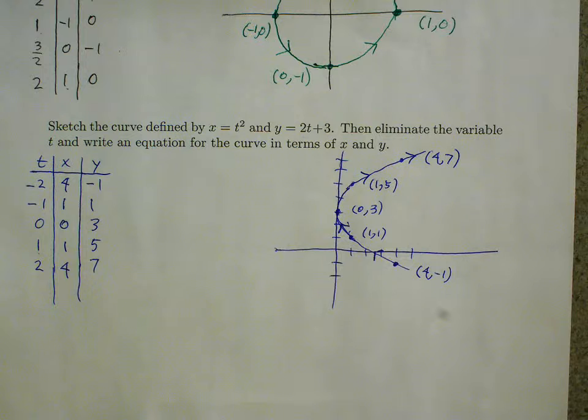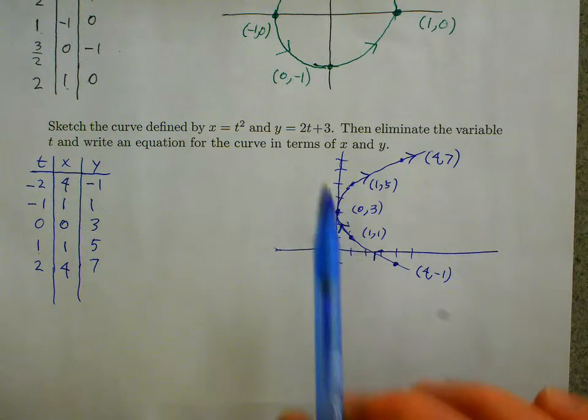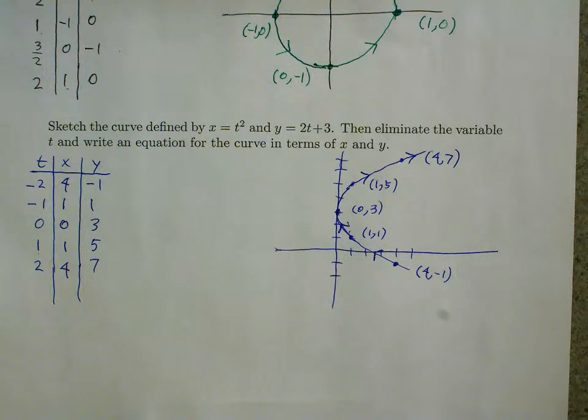Any suggestions on how to write the Cartesian equation in terms of x and y only, without the variable t? Could you solve for t in both equations and set them equal to one another? Yeah, it might be more efficient if you solve for t in one of the equations and then substitute that into the other equation.